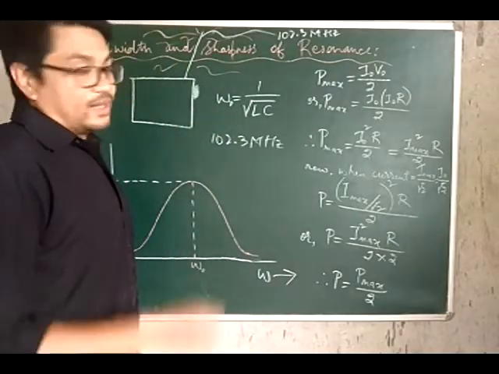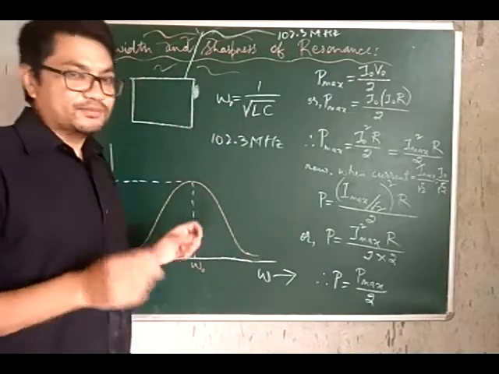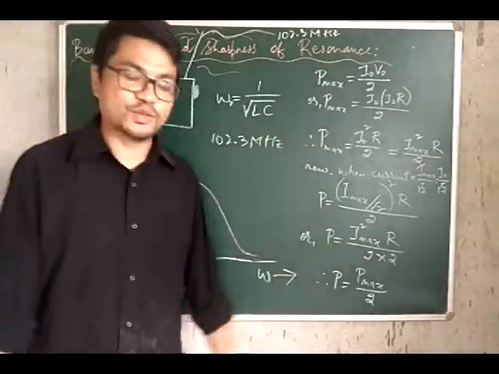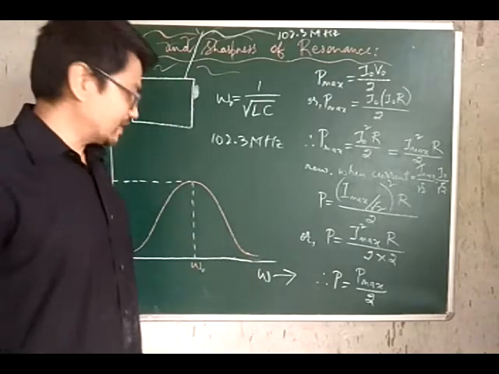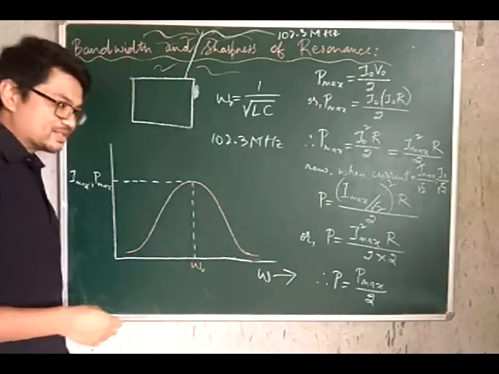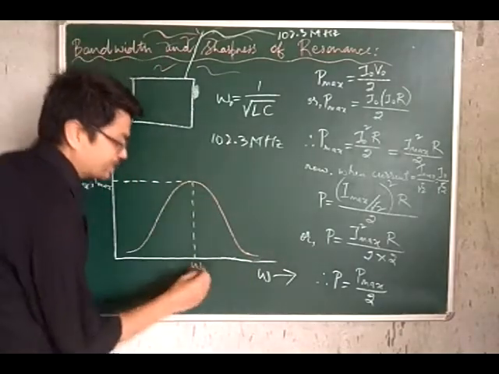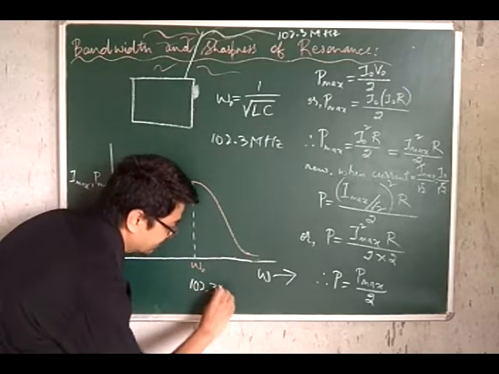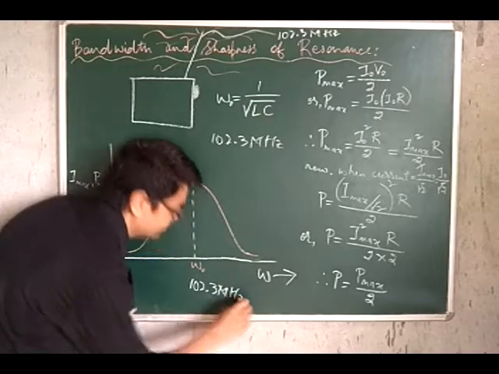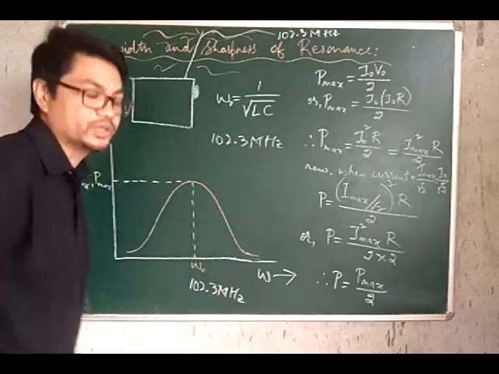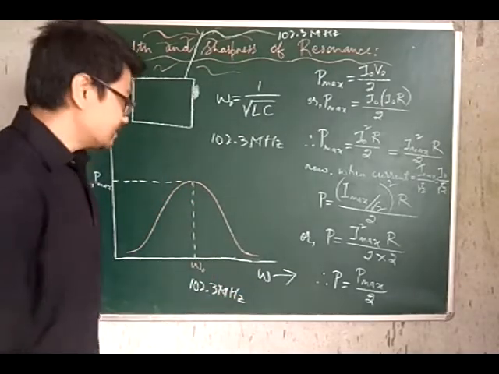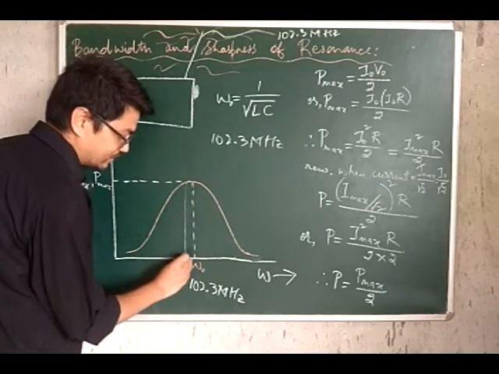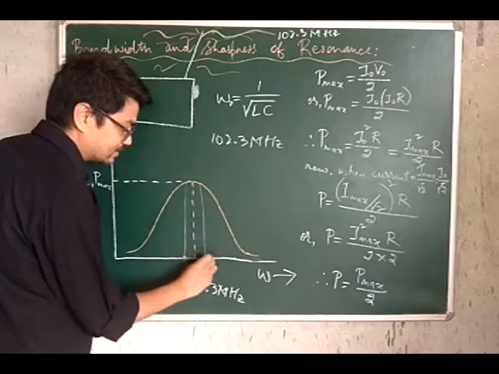Okay? But the story is not very nice and simple and easy going, so to say, because see, this omega naught, the resonating frequency, is 102.3 megahertz. But there are other frequencies as well, some over here and some way over here.